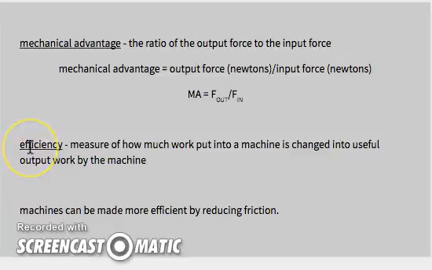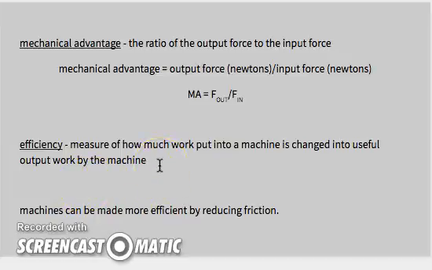Efficiency is different from mechanical advantage. Mechanical advantage tells us theoretically the advantage of using a machine, comparing what goes in and what comes out. Efficiency measures how much work is put in compared to how much work comes out.